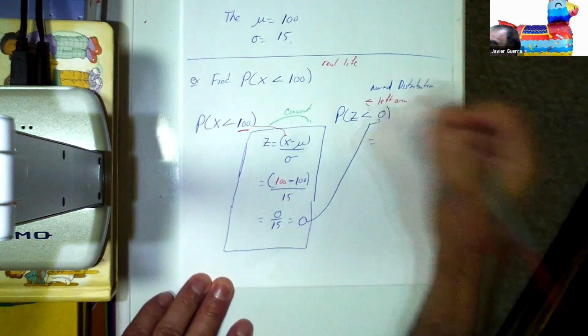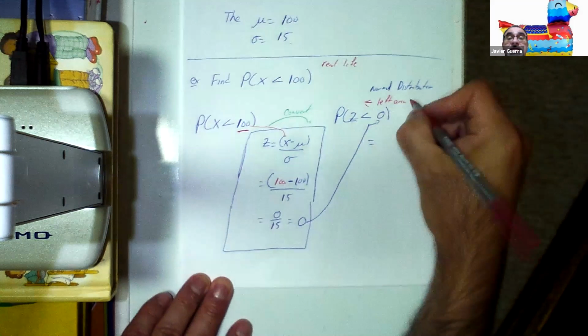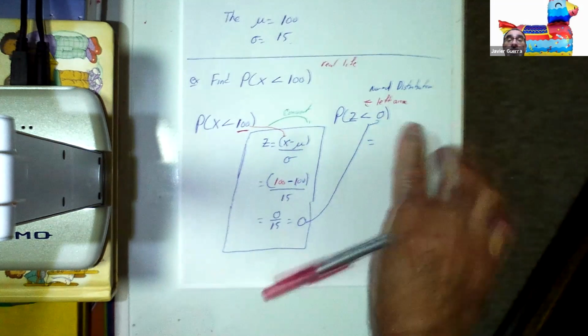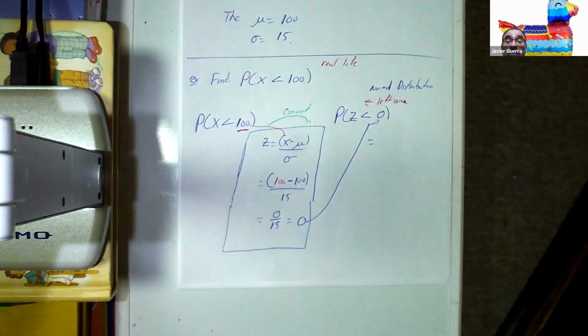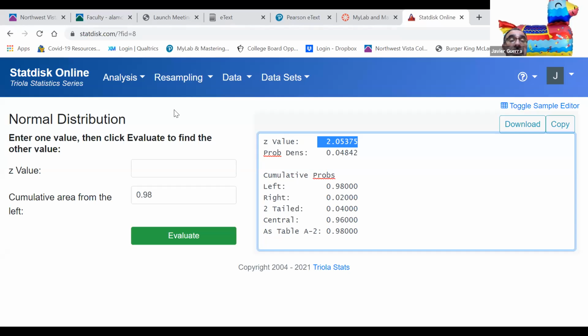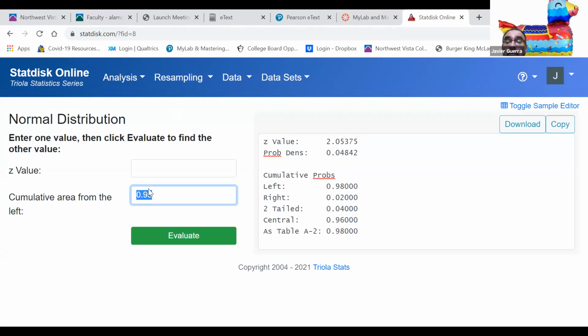Okay, so you're gonna go to StatDisk. You're gonna put 0 in StatDisk. We're gonna put it in the first window. Erase that. We don't need that. We're gonna put 0, right? And we said that it was left area because it's pointing to the left.